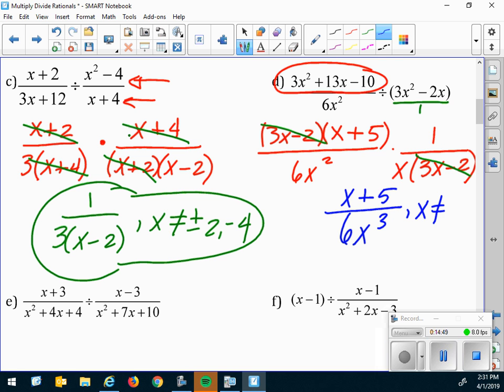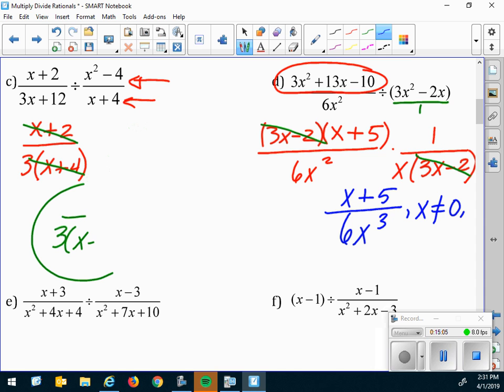Are there any x values that you have to leave out? 0. I have to leave out 0. Where do I have to leave out a 2? I don't see having to leave out a 2. 3x minus 2. Now let's talk about 3x minus 2. If 3x minus 2 would equal 0, what would x have to be?